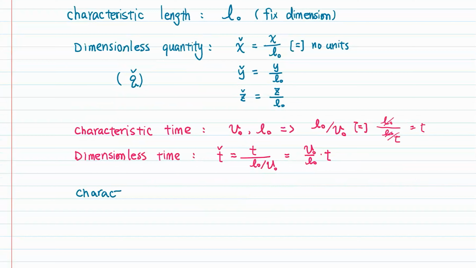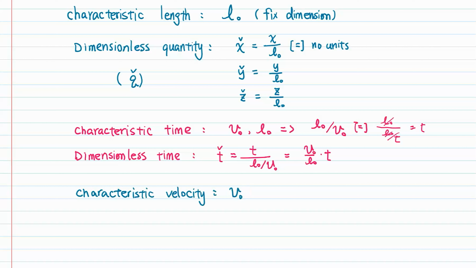Simply speaking, if we have a characteristic velocity V naught, let's say we have some plug flow coming in or some Vmax, whatever, and let's just call that V naught for now.